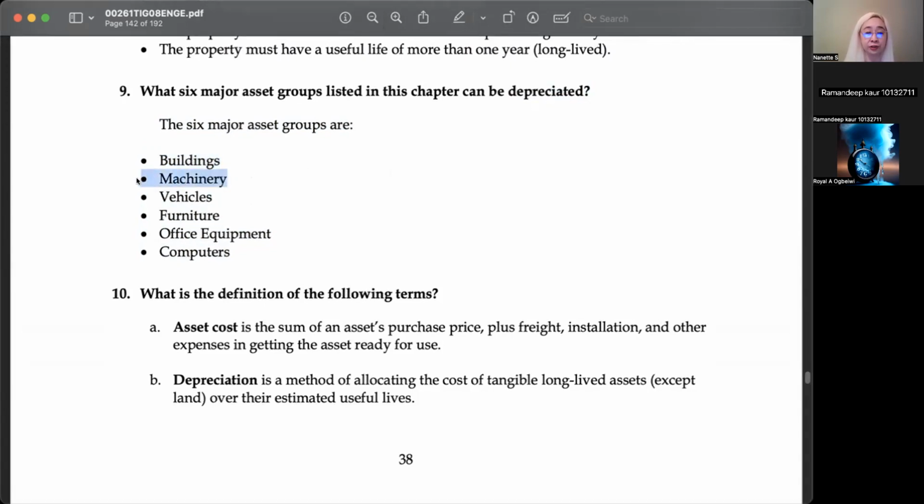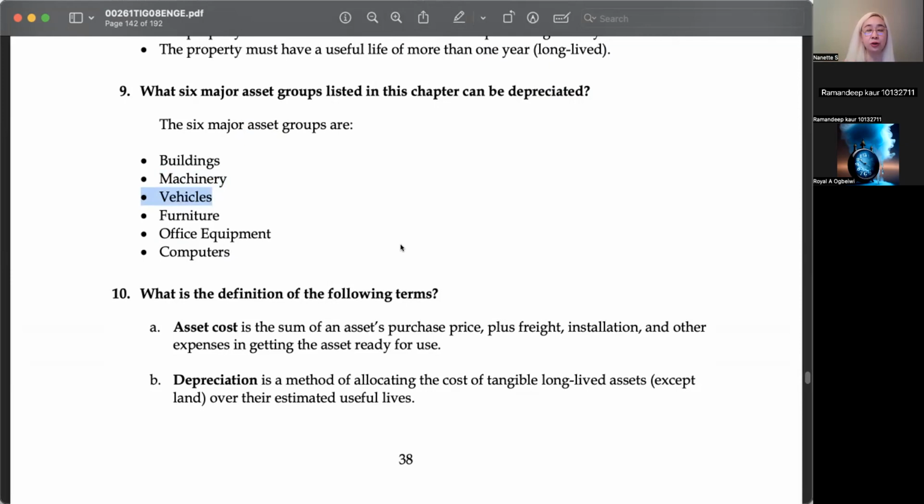What are the machinery in running a restaurant? It could be a coffee maker, it could be the stove, it could be the oven, it could be the freezer, it could be the refrigerator. Now, vehicles that are used in business, so for delivery of your food, or if you are using it for transacting your business, so this can be owned by the company.